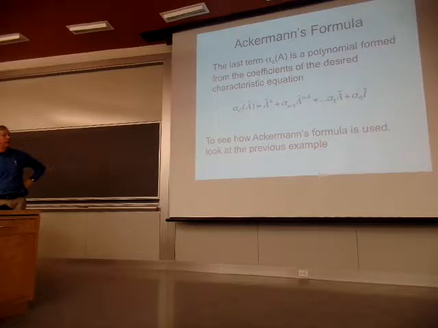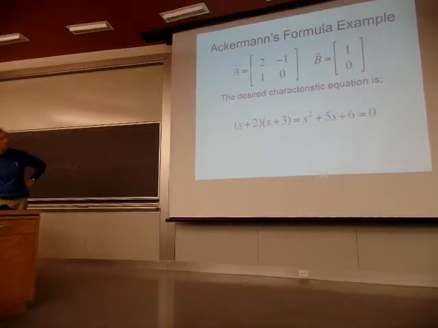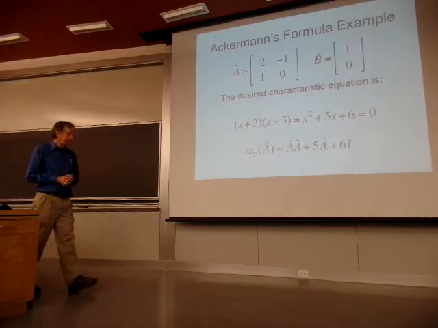So let's look at this previous example and see how this works. And here's that previous example. In controllable form, the first row instead of the bottom row, that doesn't matter. The desired characteristic equation we know, s squared plus 5s plus 6.